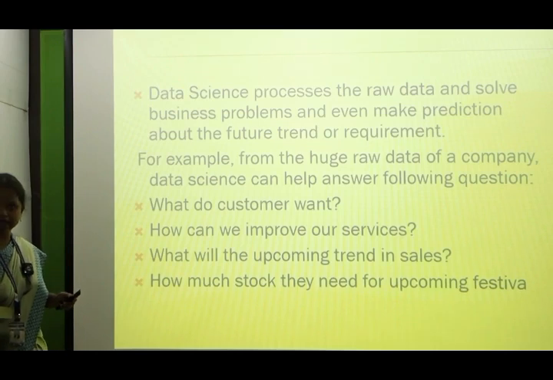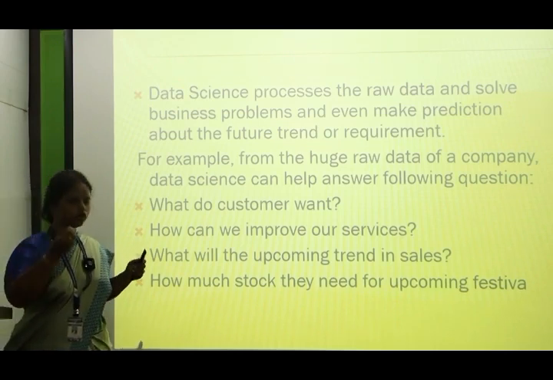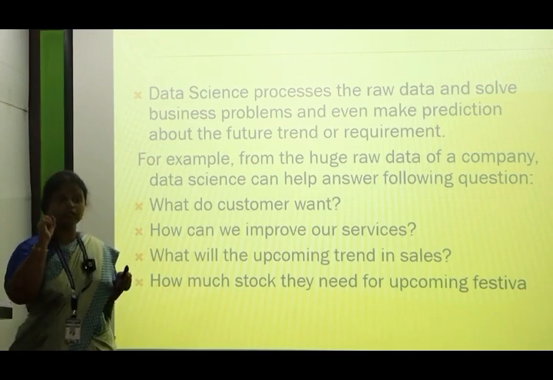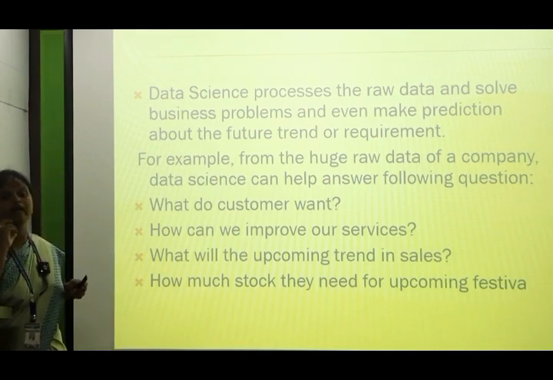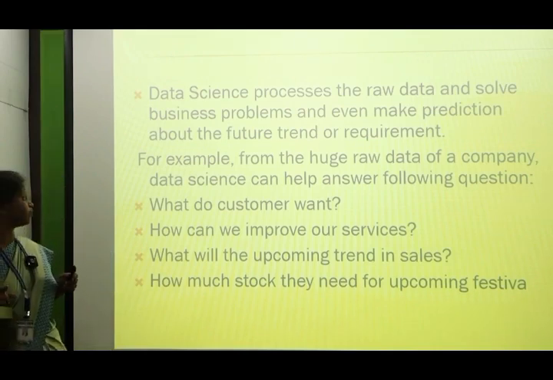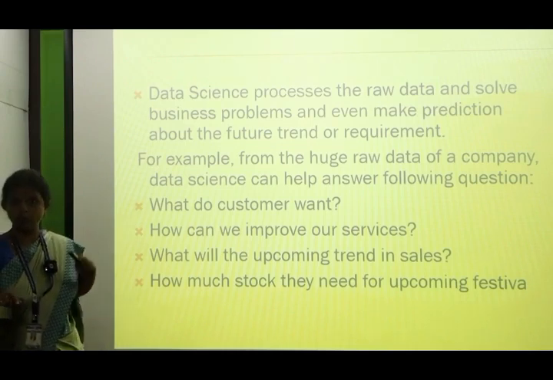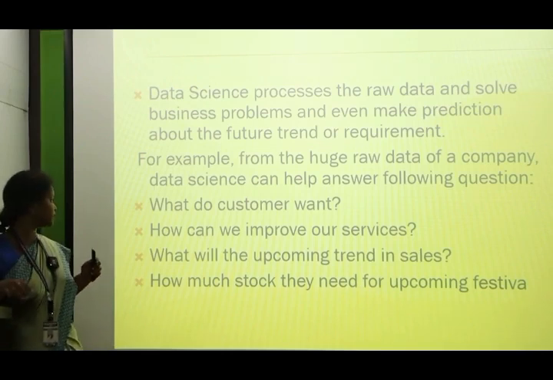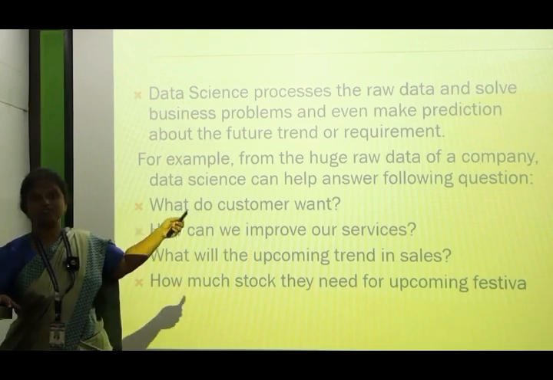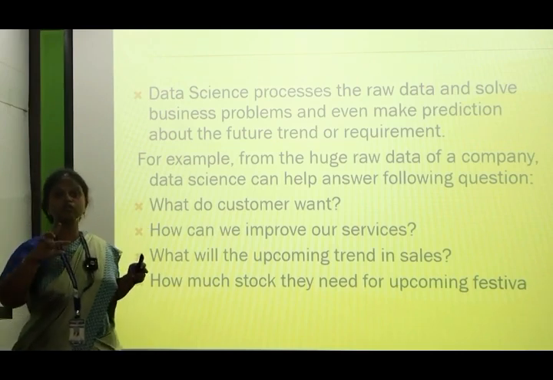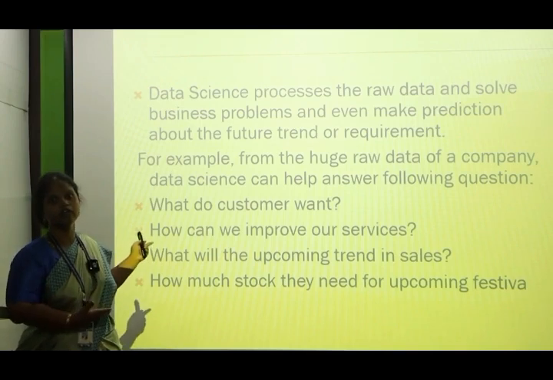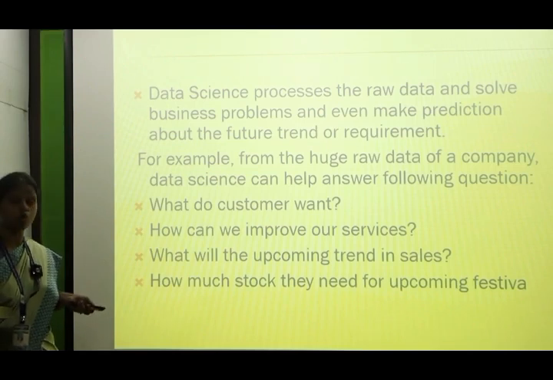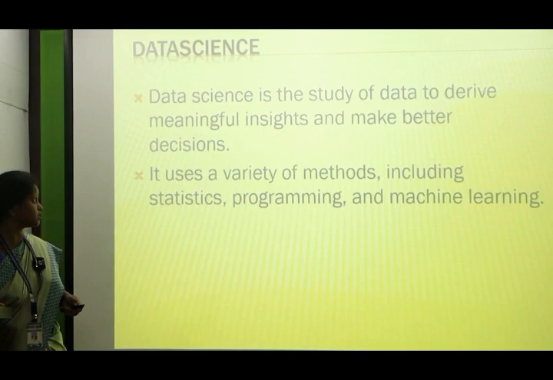For example, I have told you about Meesho, where you are giving the offer on lipsticks. Using data science, they not only know how much product they have sold, but they are also able to know what the customer wants. How can they improve their service if it is not sold? What will be the upcoming trends? If another person is giving two combo, yes, you can find it using data science. How much stock they need. If stock is not available, it is also able to process it.